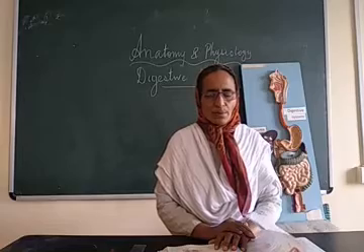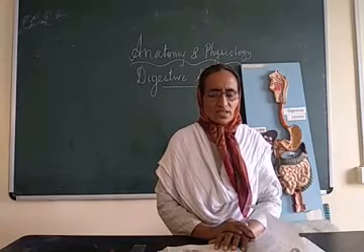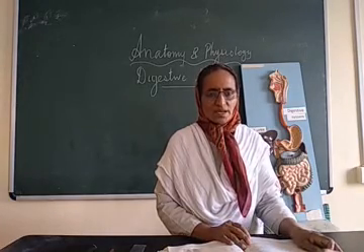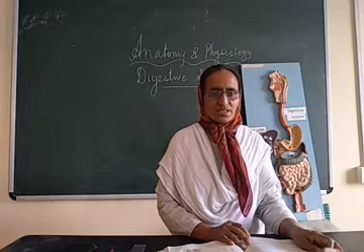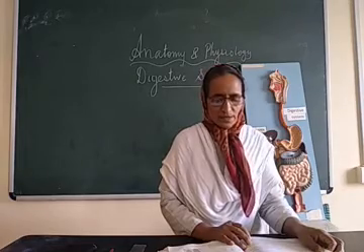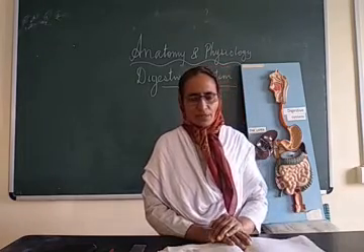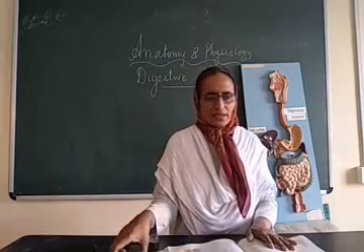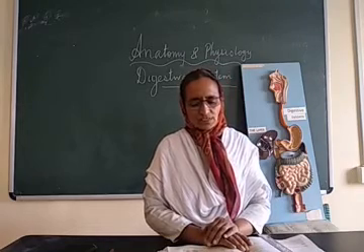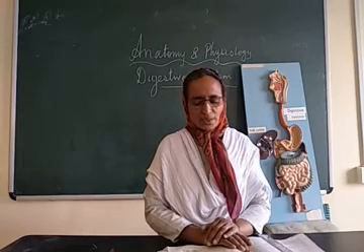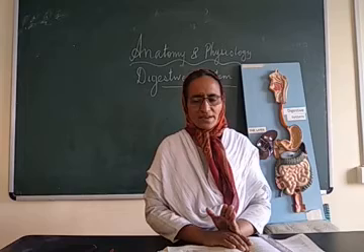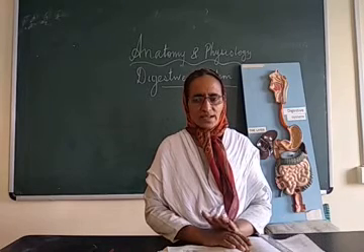In the deciduous teeth, the number of teeth is 10 in the upper jaw and 10 in the lower jaw, whereas in adults, 16 are in the upper jaw and 16 in the lower. Now, there are differences between the deciduous teeth and the adult teeth. You can see in your diagram, the deciduous teeth consist of 2 incisors, 1 canine and 2 molars, if the upper jaw is divided into 2 halves, right side and left side.